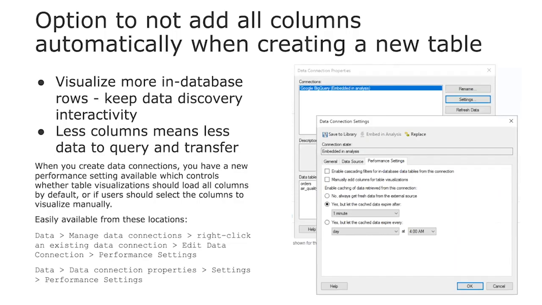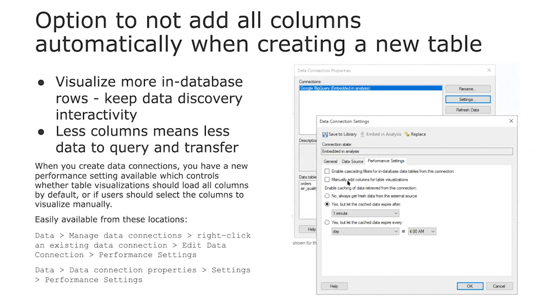All right, moving on. When you work with database data, and it can be pretty big, and you use table plots, we now have a performance setting to manually add columns for table visualizations. This means you can work with tables even on the largest data sets. Previously, all columns would be visualized by default.